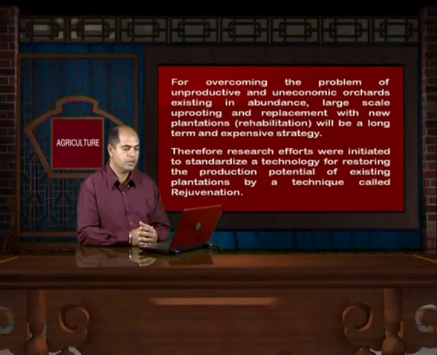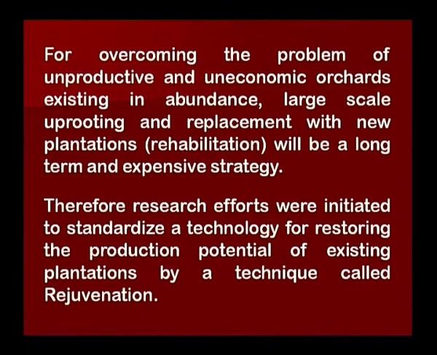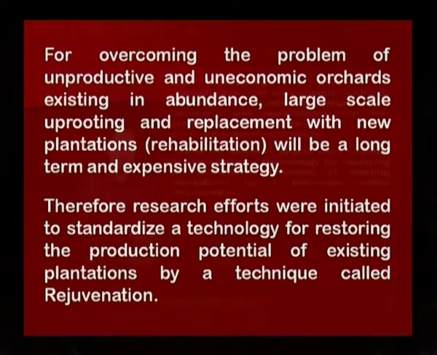For overcoming the problem of unproductive and uneconomic orchards existing in abundance, large-scale uprooting and replacement with new plantations, that is rehabilitation, will be a long-term and expensive strategy. Therefore, research efforts were initiated to standardize a technology for restoring the production potential of existing plantations by a technique called rejuvenation.